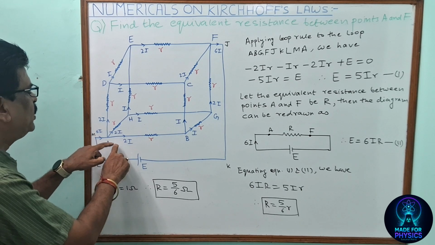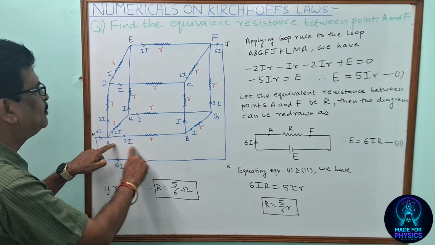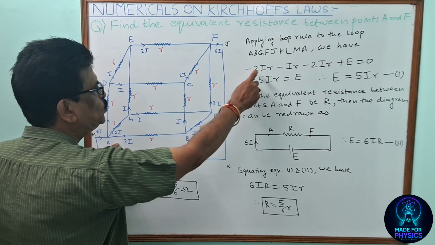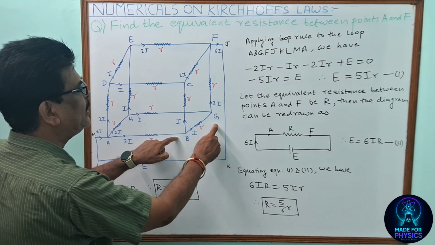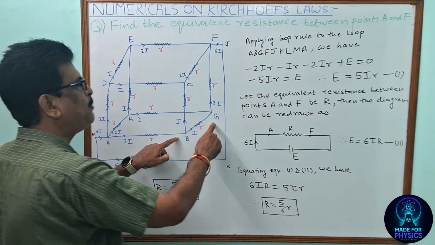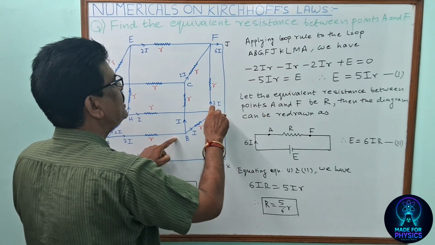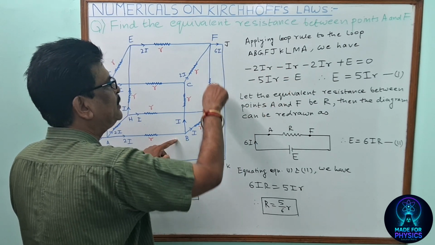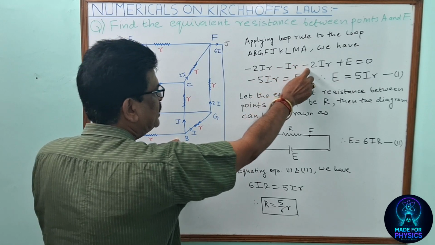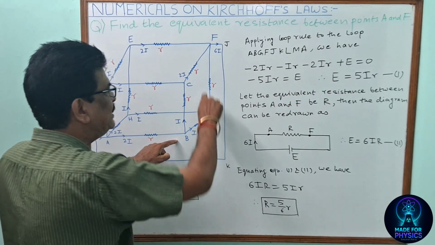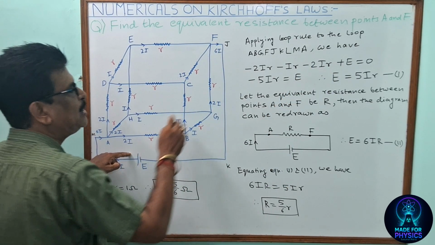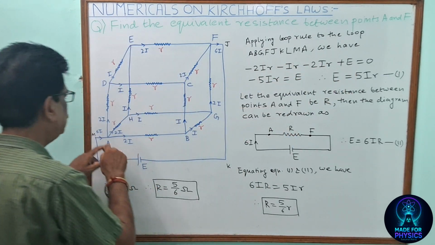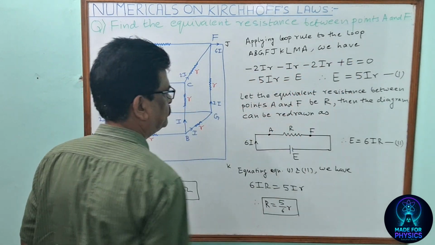So first of all, you are going along the direction of the current, so it is minus 2IR. Then again you are moving along the direction of the current, so the potential drop is minus IR. Here again you are moving along the direction of the current, so this is minus 2IR. Then it is coming like this, from negative to positive terminal, plus E, back to the same point, it is 0.